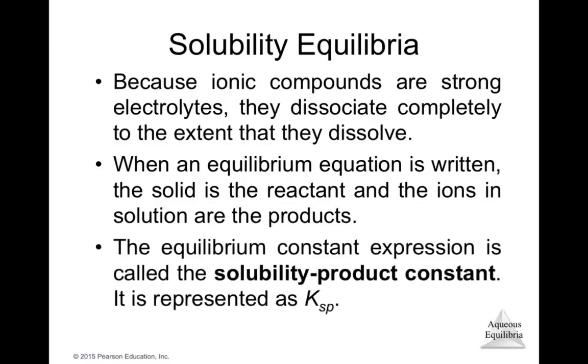That is called the solubility product constant and is represented as Ksp, as well as the other equilibrium constants, which are the concentration of the products over the concentration of the reactants, that you may know. Now, for the solubility product, we have an example here of barium sulfate.